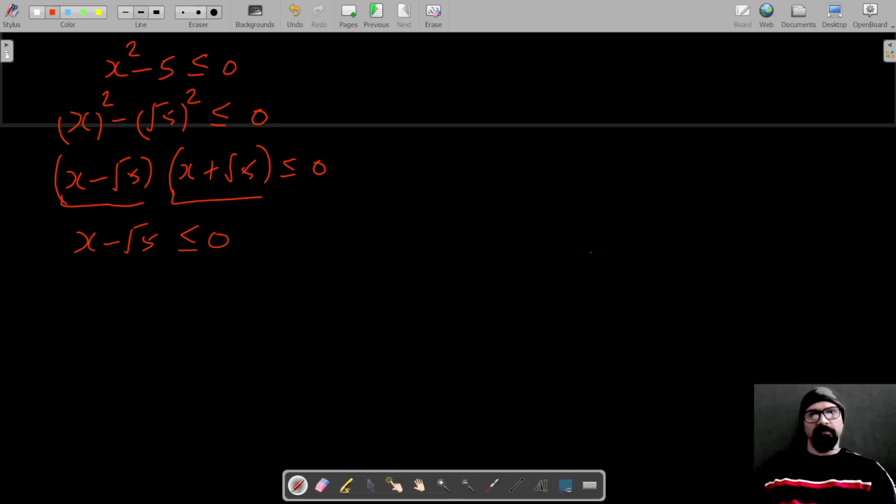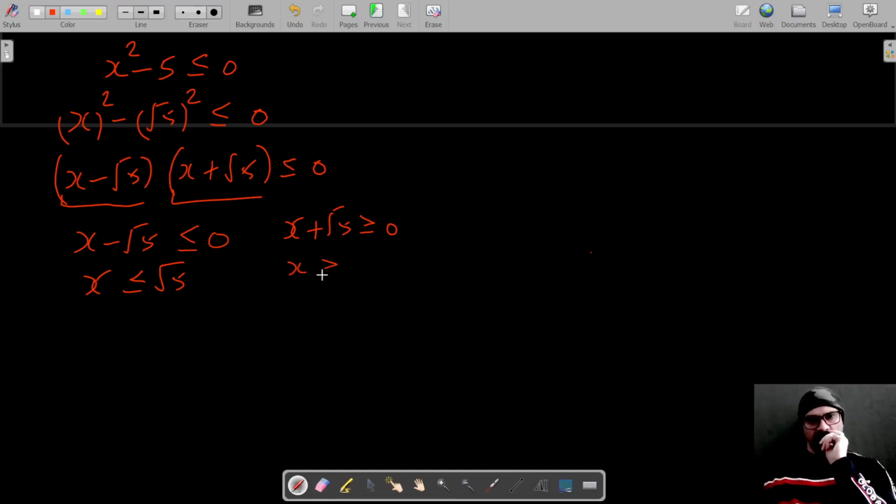x minus root 5 is less than or equal to 0, which gives me x is less than or equal to root 5. And the other one should be positive, so x plus root 5 should be greater than or equal to 0, which gives me x is greater than or equal to negative root 5.